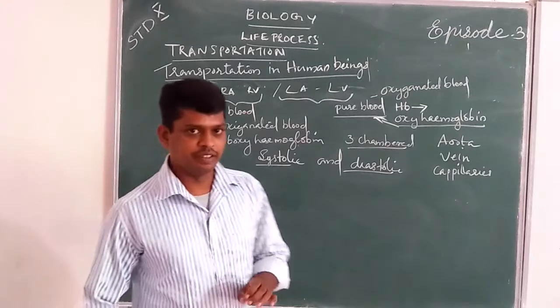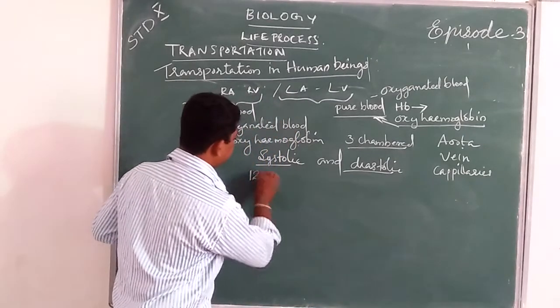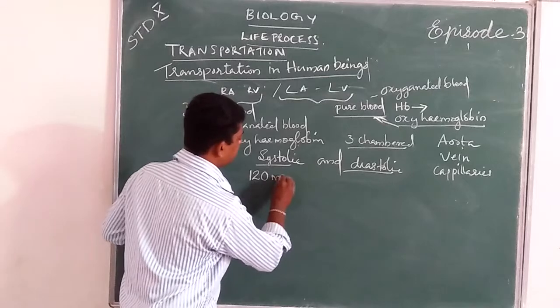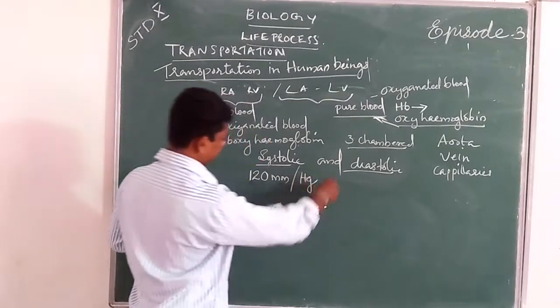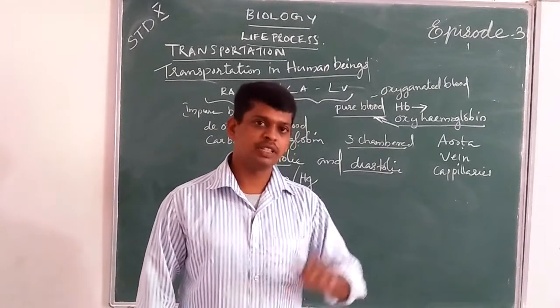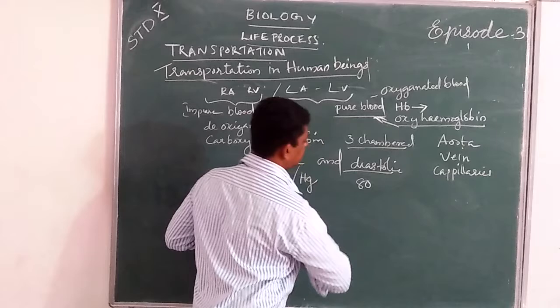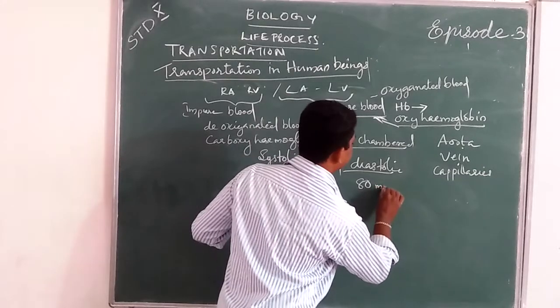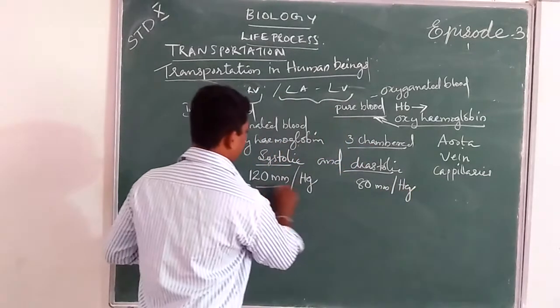Systolic pressure is 120 millimeter of Hg, and the diastolic pressure is 80 millimeter of Hg.